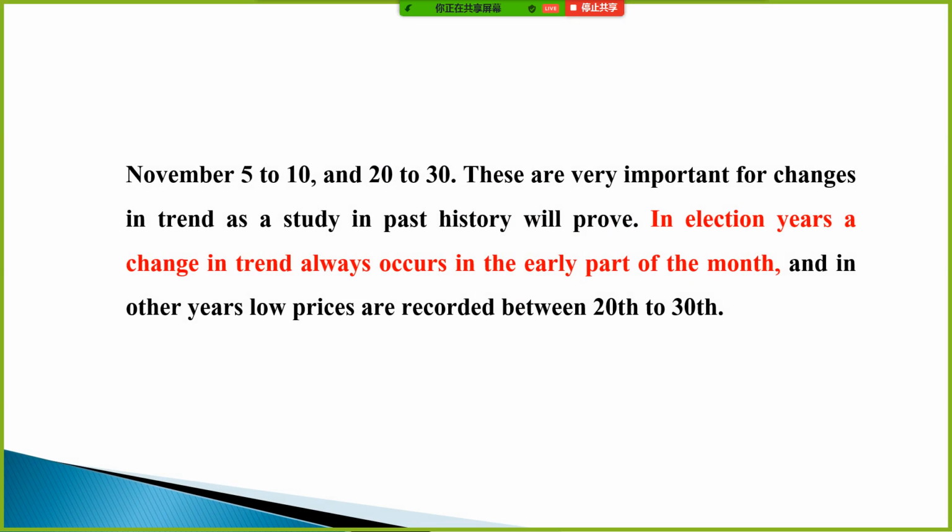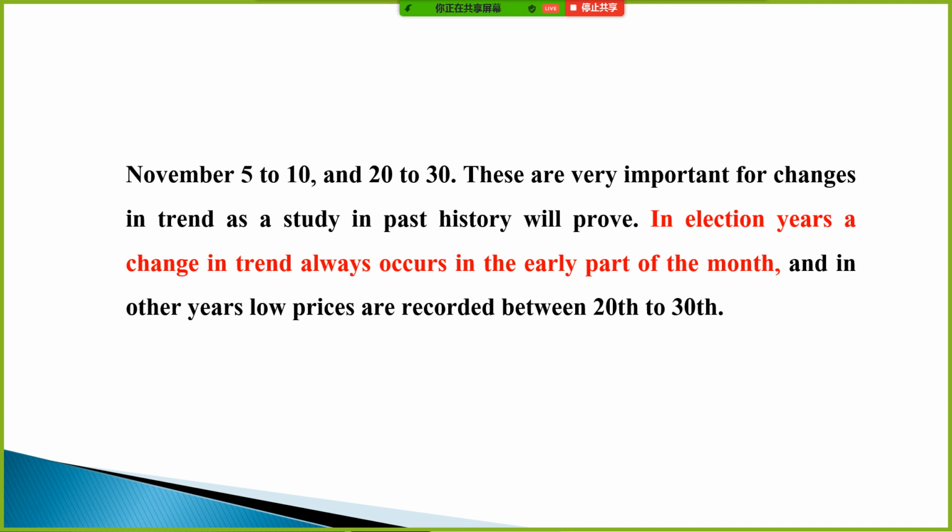According to the rules from the book 45 Years in Wall Street, November 5 to 10 and 20 to 30 are also very important timings. In election years, a change in trend always occurs in the early part of the month. So I think the early part of the month will be very important, not late November.